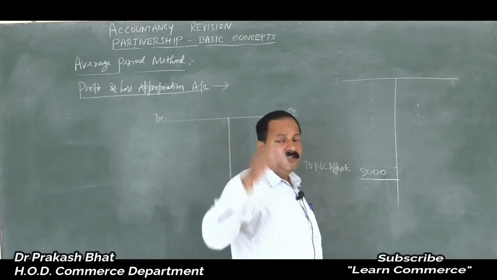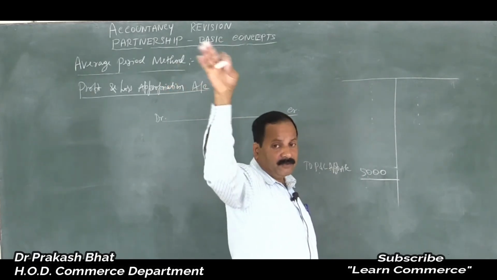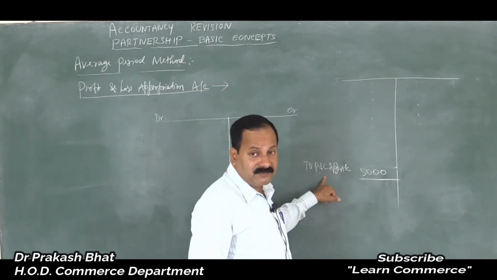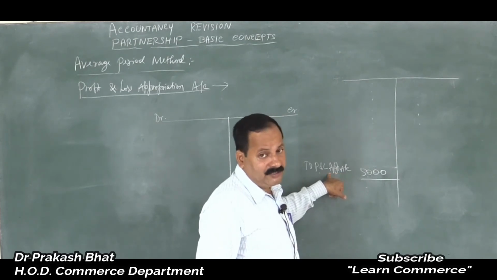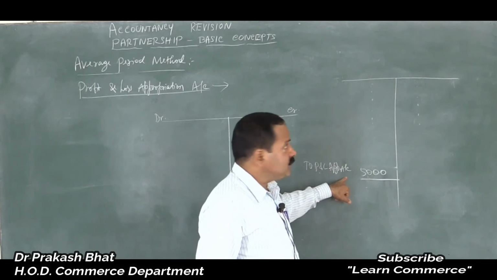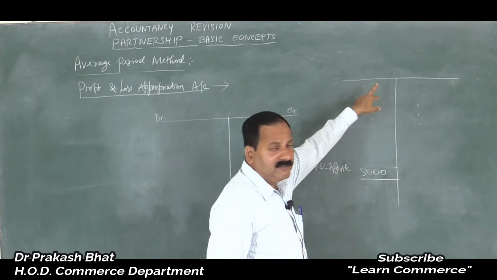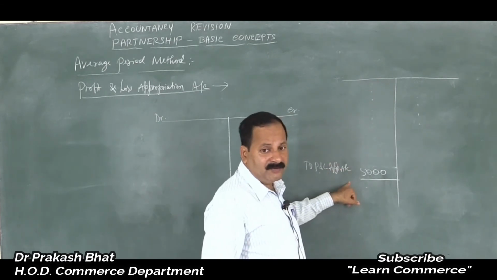If there are any appropriations to be made from the profit which is payable to the partners, then we will prepare the profit and loss appropriation account. So the balance will be transferred to the appropriation account. Clear? So we will write here to profit and loss appropriation account. So the journal entry will be profit and loss account debtor. See here friends, profit and loss account debtor to profit and loss appropriation account.